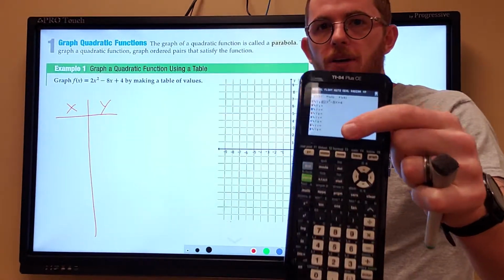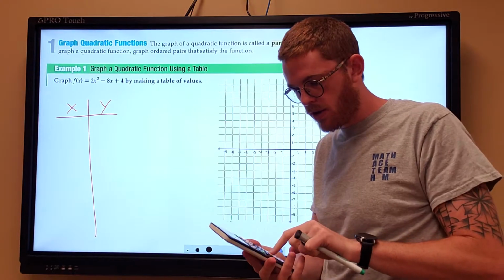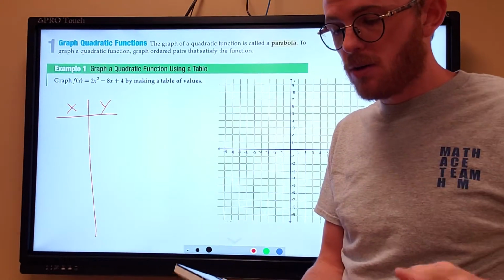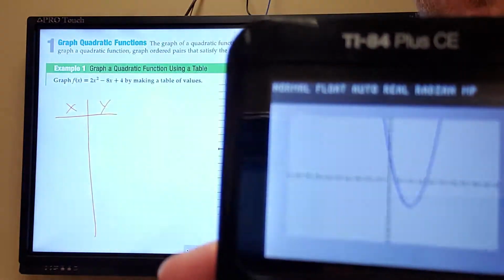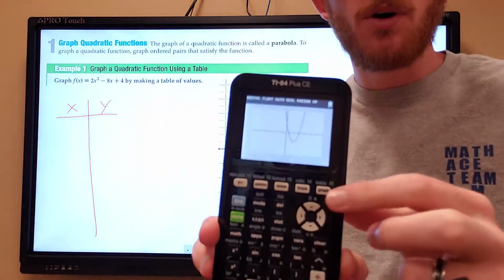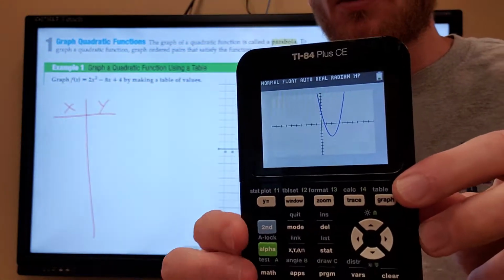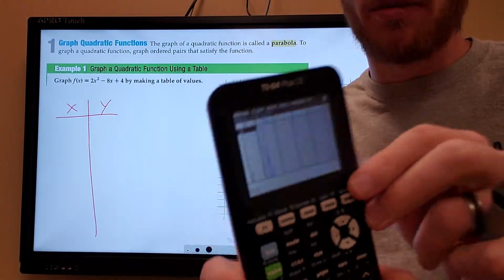If we take our calculator, we type in that function right there. I'm going to hit zoom 6. We let the calculator process that, and we can see now what it looks like. And we know the calculator gives us a table of values. We know we have that table button right there. So if we do second graph, we can see that table of values.